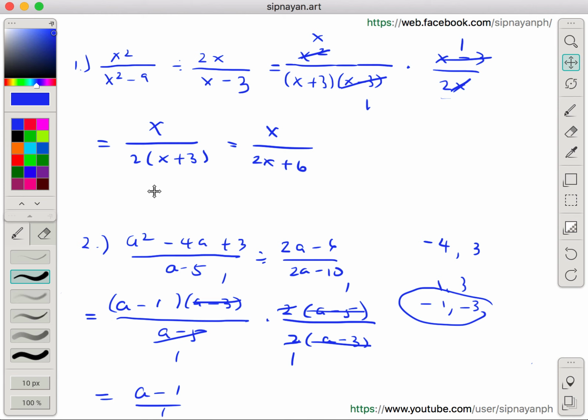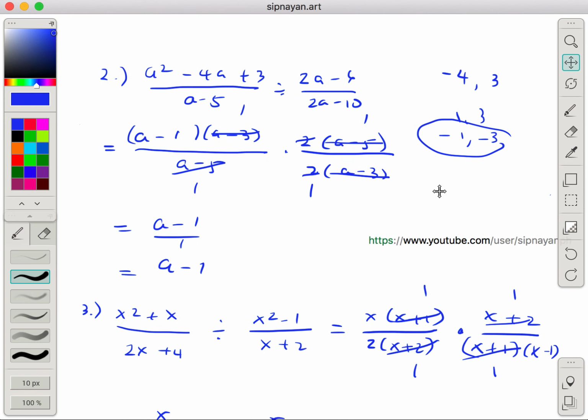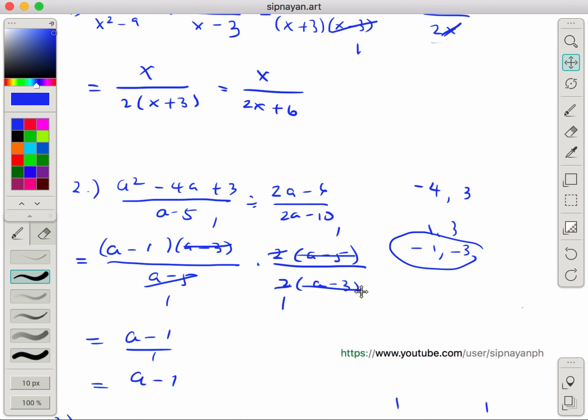So, after factoring, after cancelling out, after division, mag-multiply din kayo. So, you have to know the laws of exponents. And of course, may mga variable na minsan dinidivide nyo rin siya. So, yun. Again, that's laws of exponents.